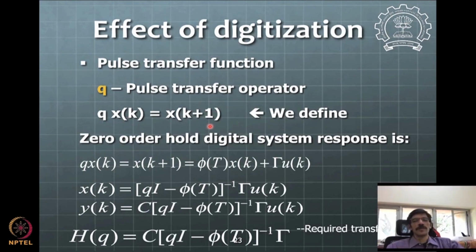Okay, for practical purposes they are not really so important. So as far as possible, we'll prefer to use the system with this kind of a pulse transfer operator, because it has a good physical sense of what is happening in actual practice.